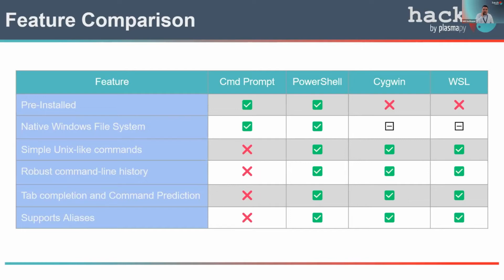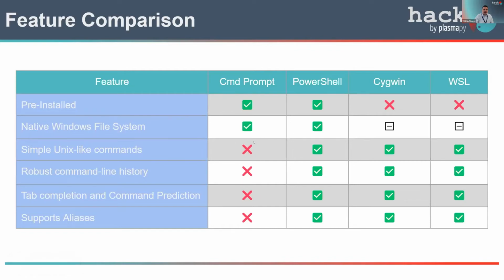and that's really one of the beauties, is that you can navigate the Windows file system from the command line, but the file system that is native to them is different, especially WSL. WSL is really a Linux file system, and that really is important, but it plays nicely with Windows. Simple Unix-like commands.